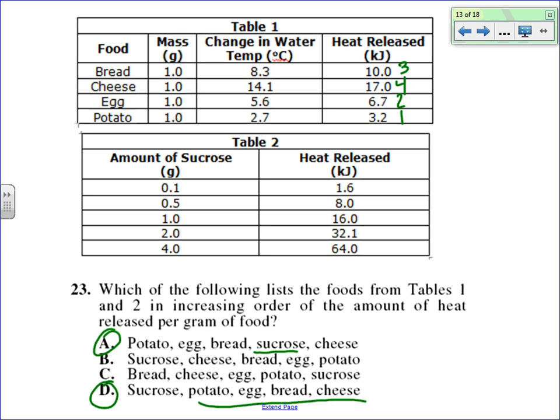For table 2, it doesn't have the, how do you call it? Yeah, well, we need to either include sucrose before potato or in between bread and cheese. So how do we know where sucrose would fall in this order?